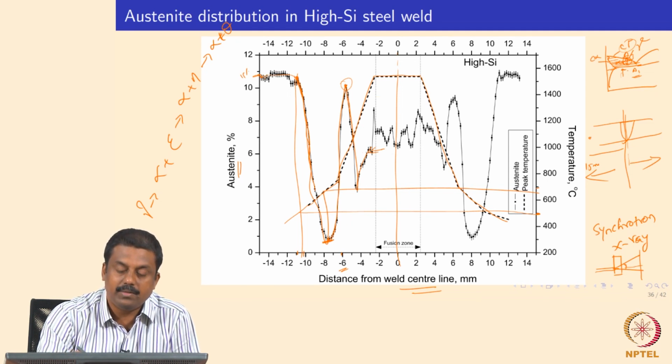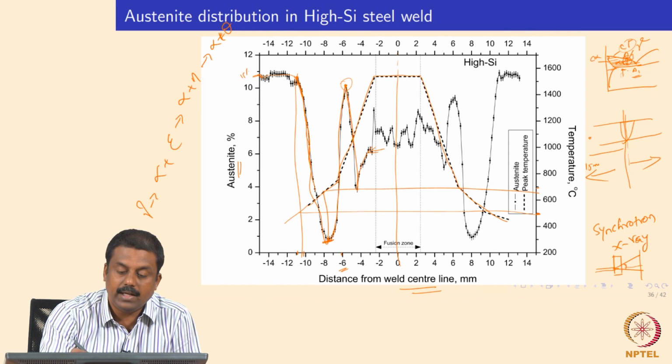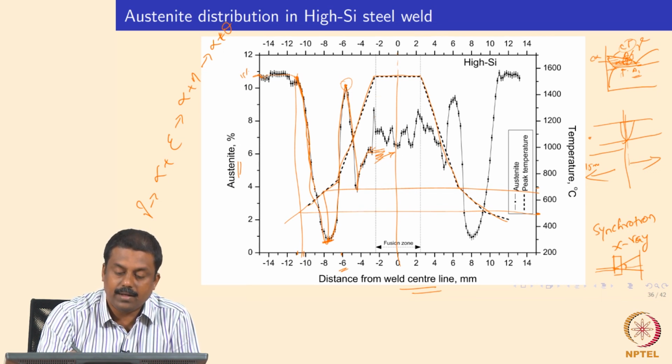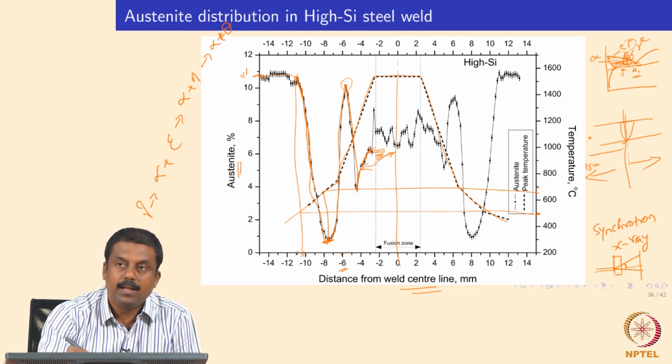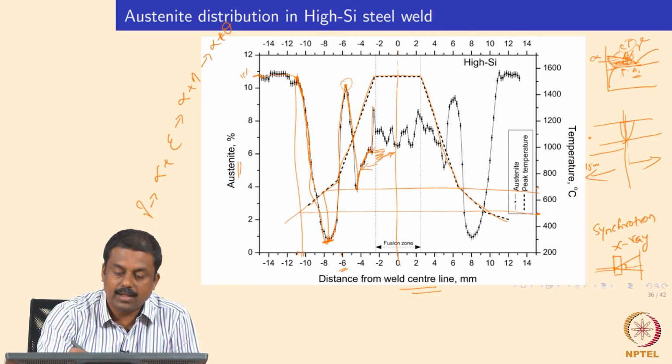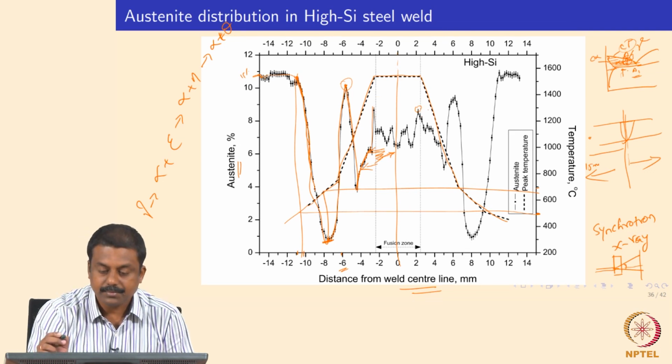When delta ferrite nucleates at the fusion boundary, it sends out carbon because of the low solubility of carbon in delta ferrite, and this carbon goes to the weld center line as well as towards the austenitic region in the coarse grain heat affected zone. Due to that, carbon enriches and stabilizes retained austenite in the fully austenitic regions, thereby increasing the austenite fraction at the fusion boundary.